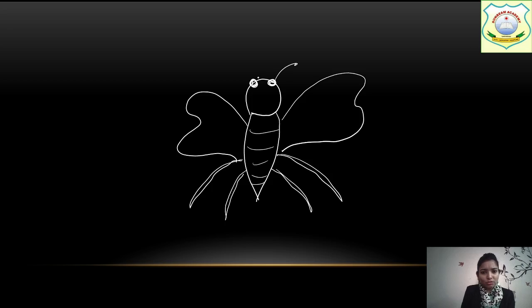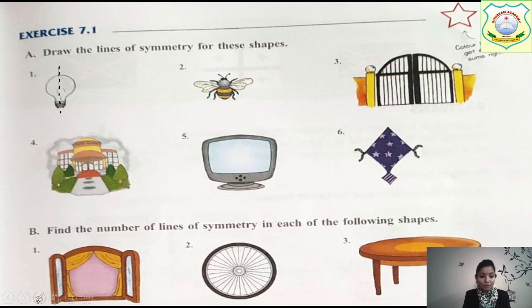It's looking almost like this. So now we need to draw it equally half. Can we do it in the middle? If we divide it from the middle, it can be divided. Yes, it can be divided. We can see that here and here, both sides, left side and right side, are exactly the same. So you just draw with the help of scale. Okay, draw it. You need to draw like this.